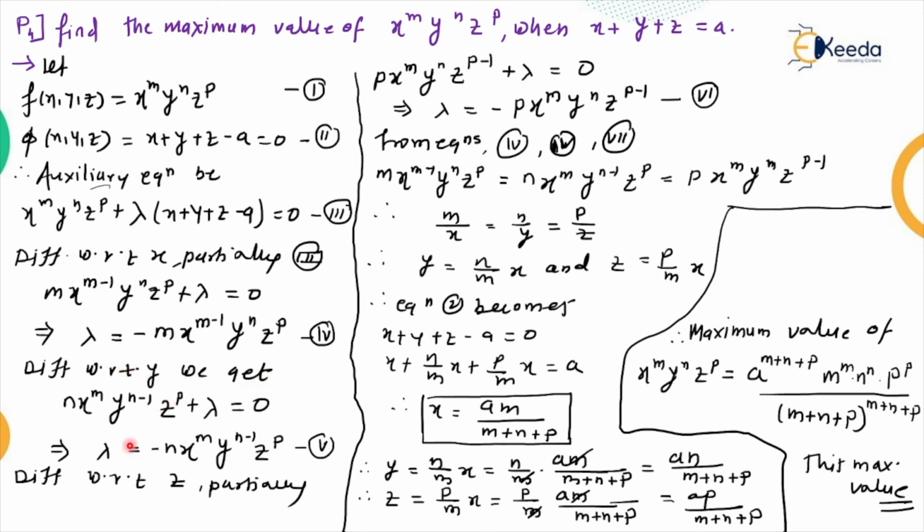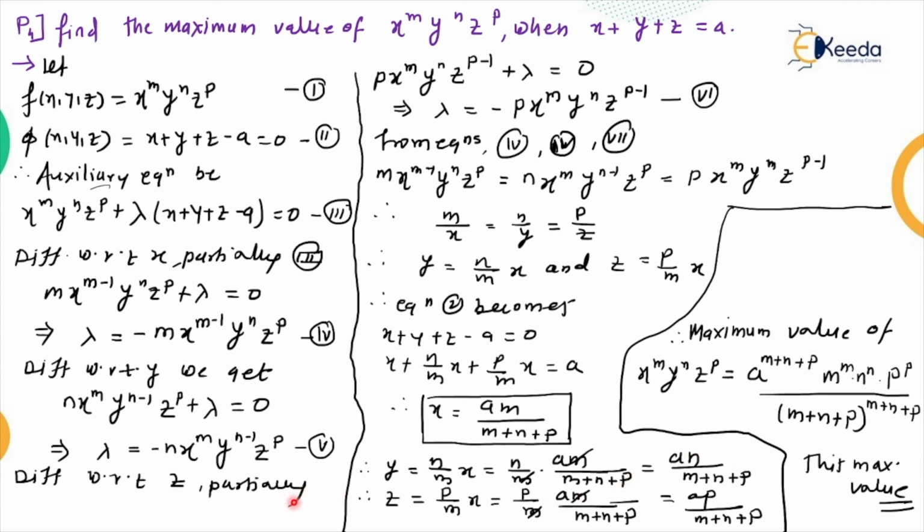Differentiate with respect to x, y and z, each time getting lambda, and equate these values of lambda. You get the values of y and z in terms of x. Once you find the values of x, y and z, you get the maximum value of the function. Your final answer is a raised to m plus n plus p into m raised to m, n raised to n, p raised to p, divided by m plus n plus p, the whole bracket raised to the power m plus n plus p.